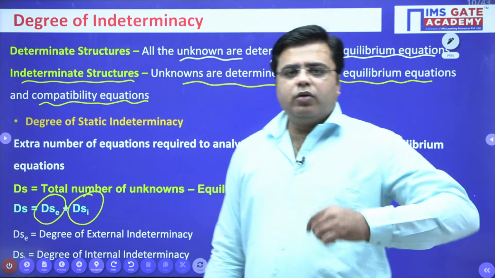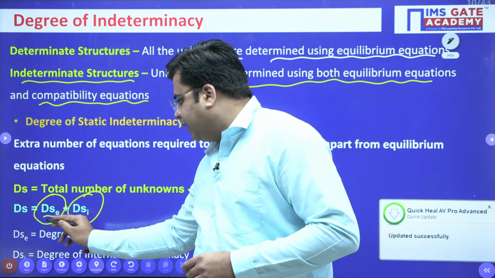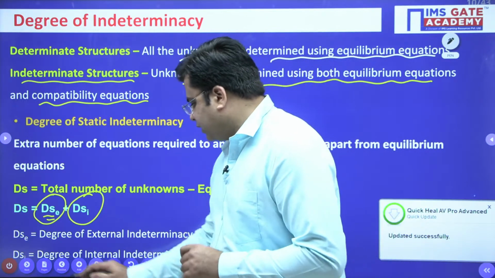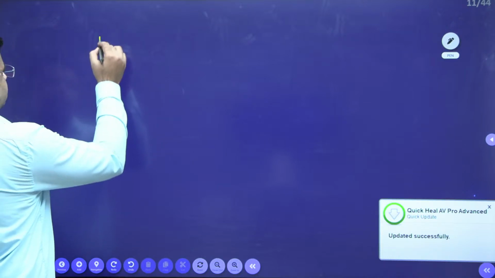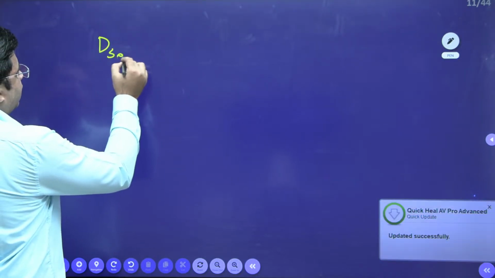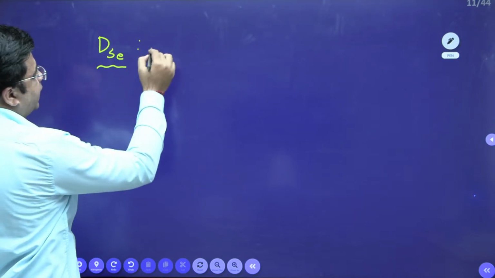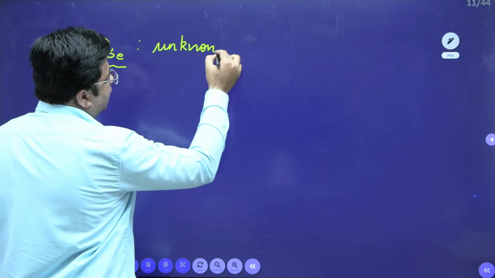When we talk about degree of static indeterminacy, it comprises of degree of external indeterminacy. When we talk about degree of external indeterminacy, DSE, we are talking about the unknown reaction forces.